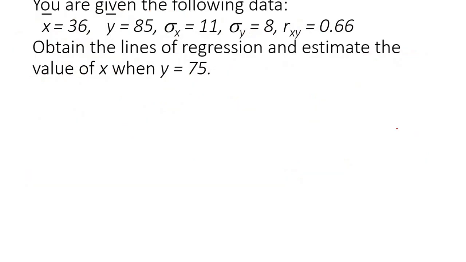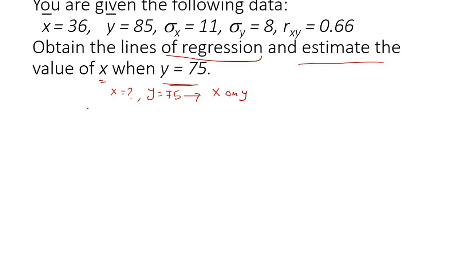Here many things are given: x bar, y bar, sigma x, sigma y, and rxy are given, and we are to obtain both lines of regression and estimate the value of x when y equal to 75. That means x is not known, and y equal to 75 is known. At this stage we will use the x on y equation, but before that we need to get those equations.